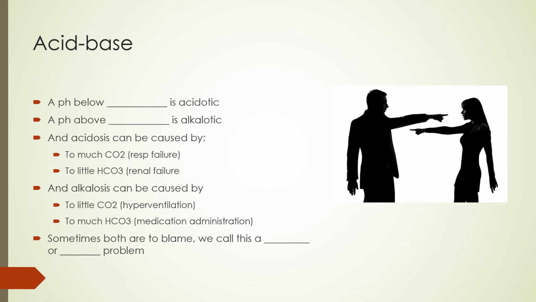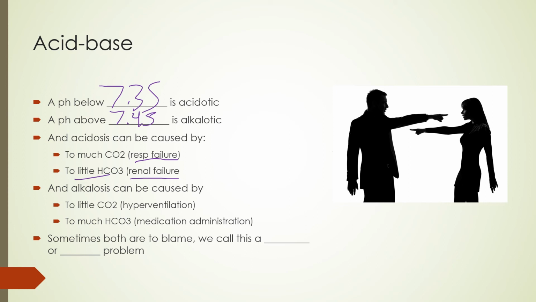So when you're looking at a pH below 7.35, you know you're acidic. And if your pH is above 7.45, you're alkalotic, and you need to have these remembered. And acidosis could either be caused by respiratory issues, right, where the CO2 level is high, or it could be caused by metabolic issues like renal failure, where you don't have enough bicarb, right?